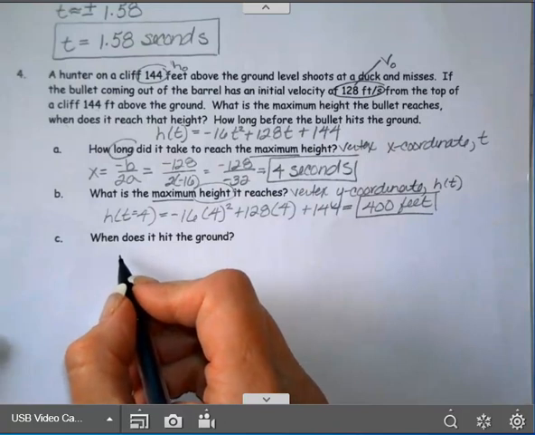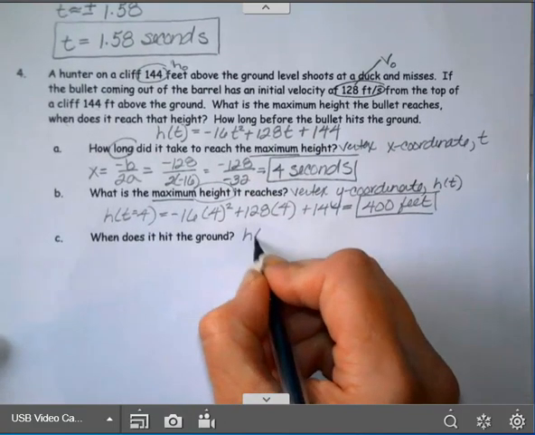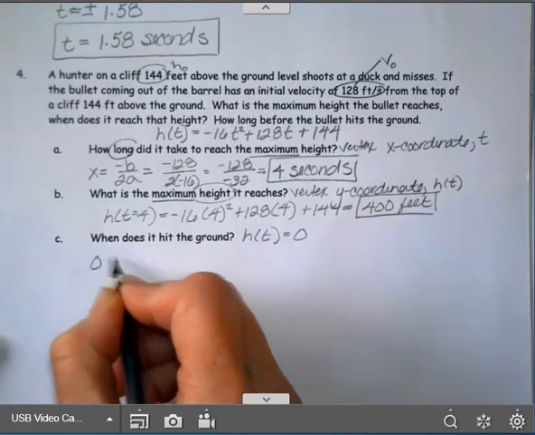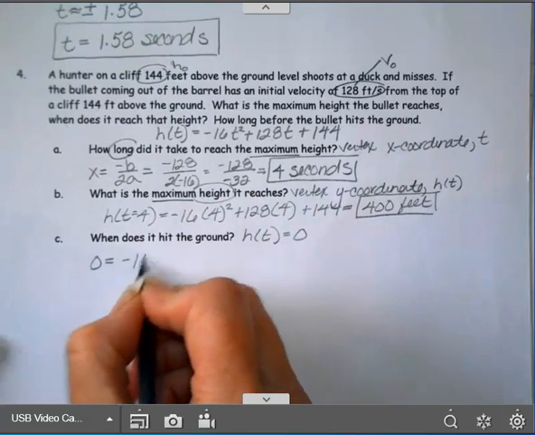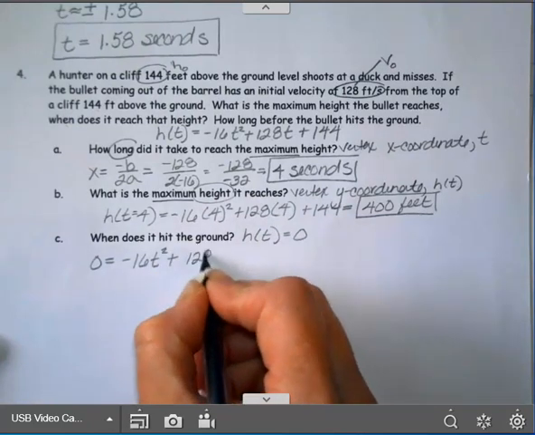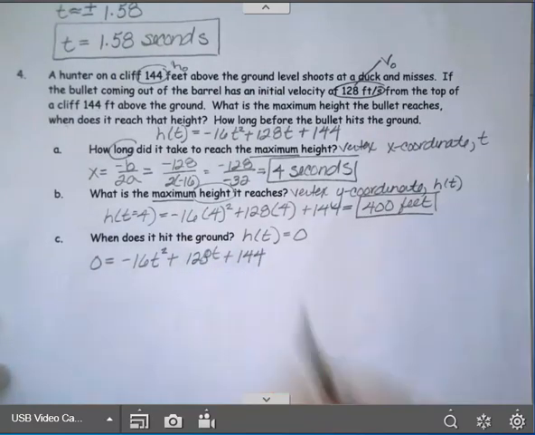The last thing is, when does it hit the ground? So we're wanting to know when h of t is equal to 0. So I'm going to plug in 0 here. I don't have a graph, so I'm not going to solve it with a graph.